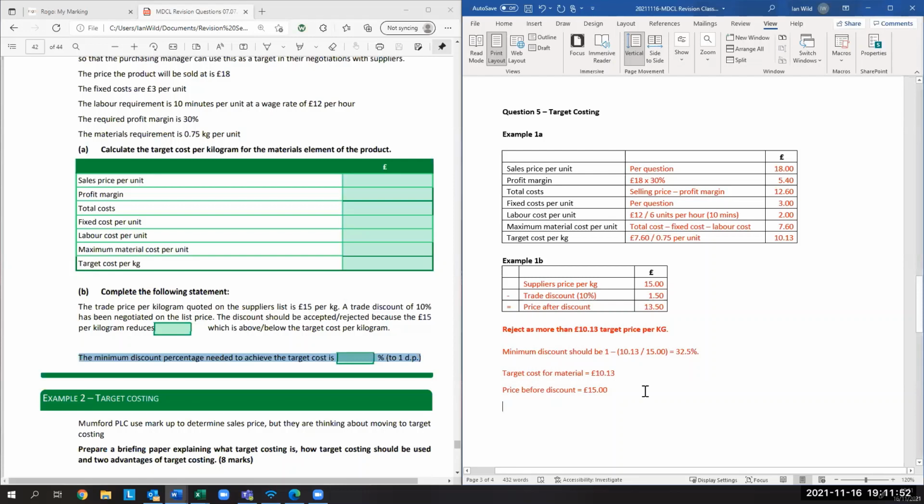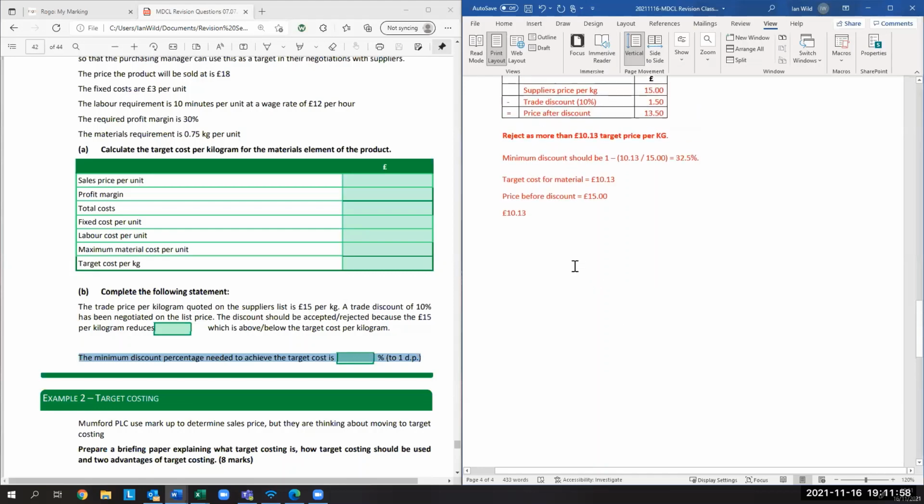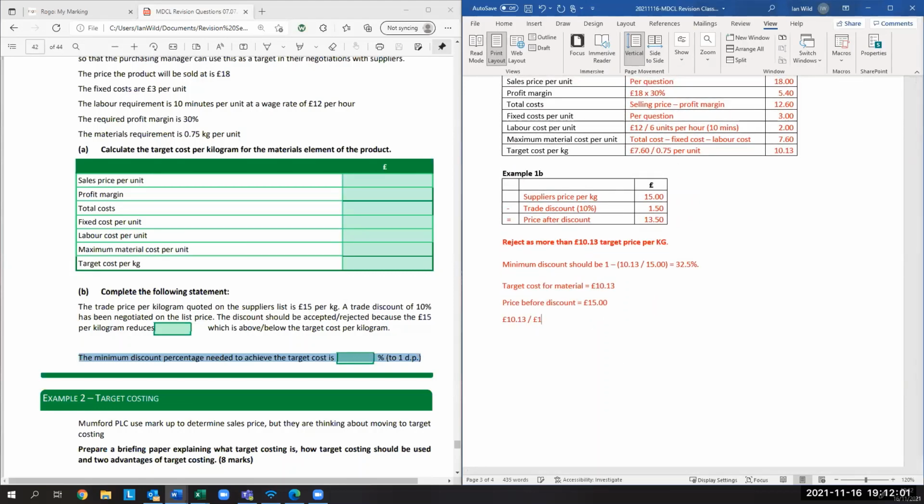So to work this out, we do the £10.13 and we divide it by the £15. £10.13 divided by 15 gives us 0.675333. If we then times that by 100, that tells us that our target cost of £10.13 is actually 67.5% of the supplier's quoted price.